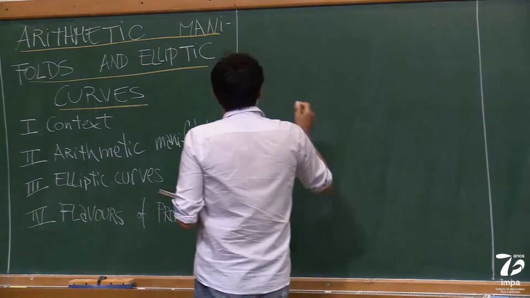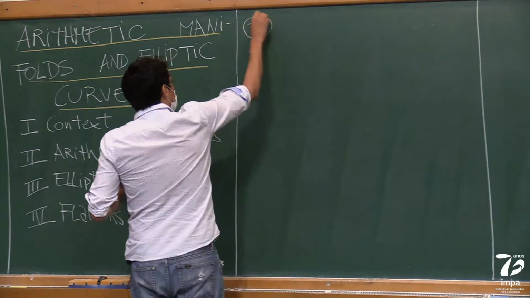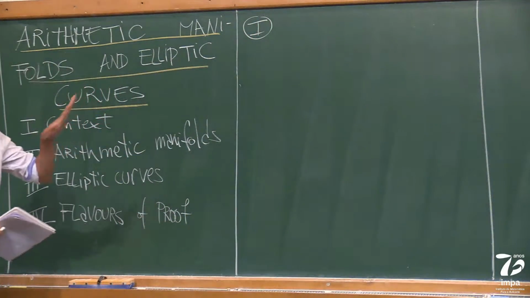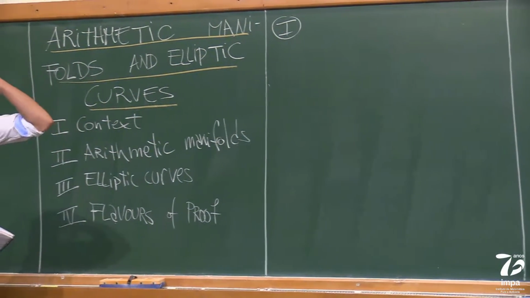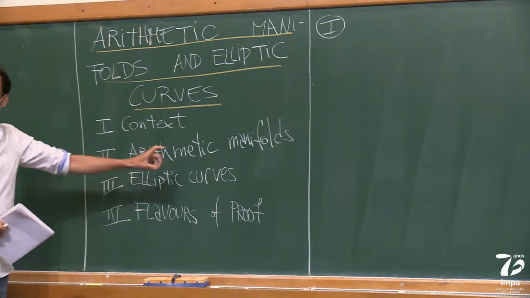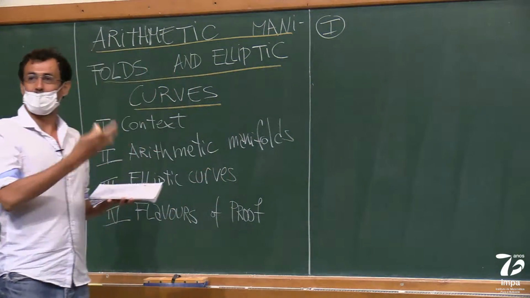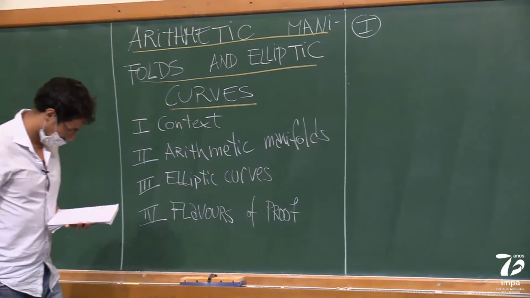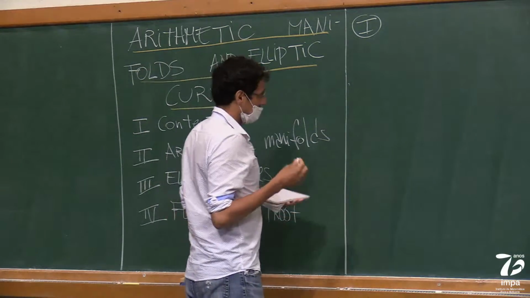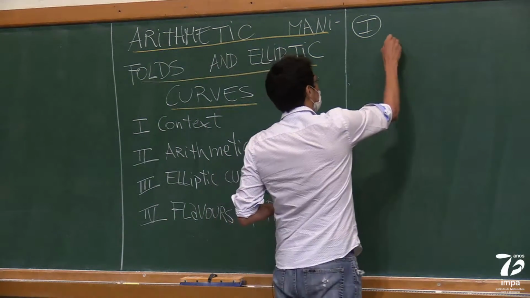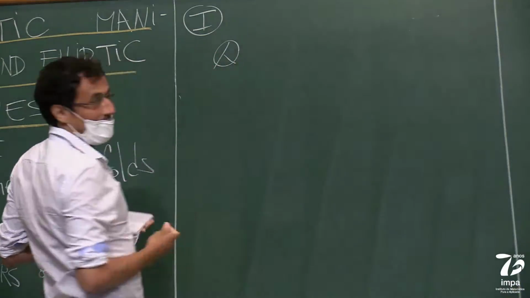I would like to explain a panoramic view of where these kinds of ideas, these objects that we are using, come from. So let's explain a little bit about the context. Because we work in algebraic number theory, we consider numbers.